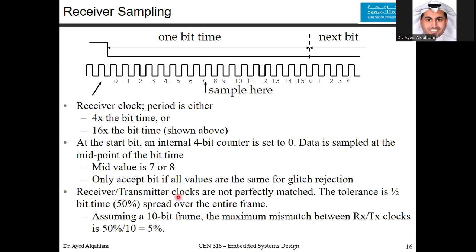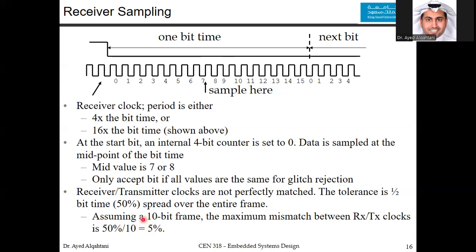The receiver and transmitter clocks are not perfectly matched, so we have a tolerance value for it. It's about half the bit time, or 50% of the bit time, spread over the entire frame, which could be 10 or 11 bits.